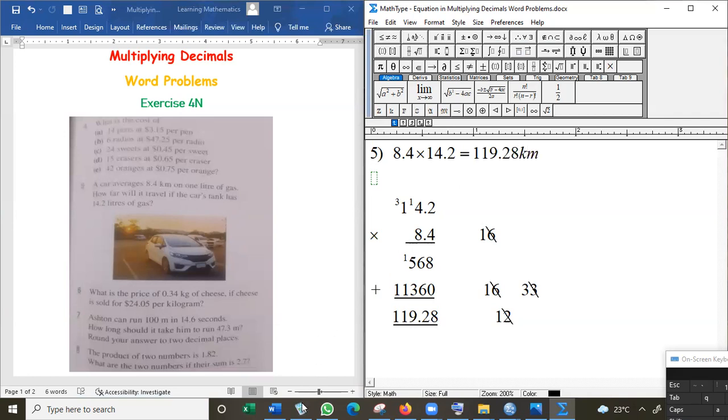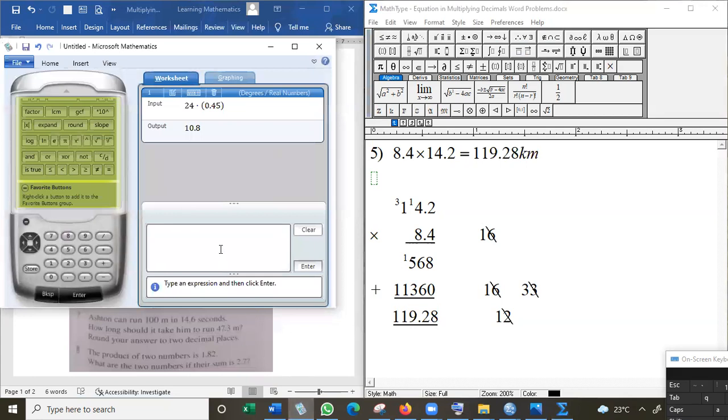To prove the answer, you can simply multiply in your calculator. 8.4 times 14.2, 119.28 kilometers, just like what we had gotten.